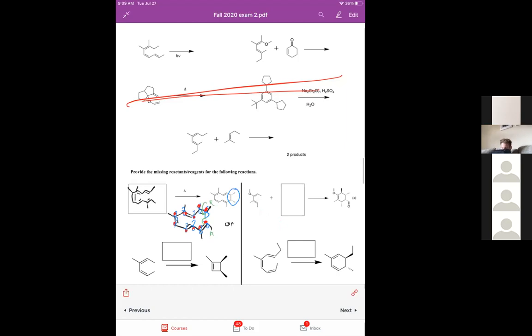All right, we're just looking for a dienophile portion here. It should just be this. I don't really have to worry about the stereochemistry there or syn to each other, so it should be a cis double bond.